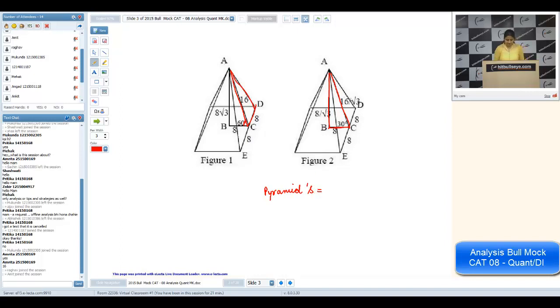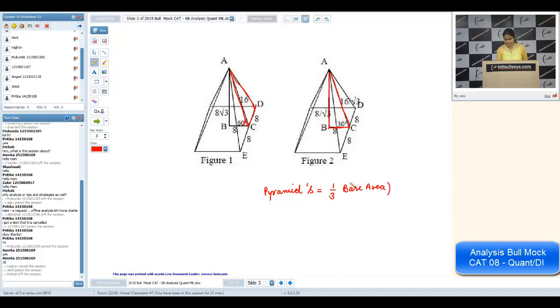Okay, we want to know the volume of the pyramid. What is pyramid's volume? That is 1 by 3 into base area into height. And what is prism's volume? That is base area into height.